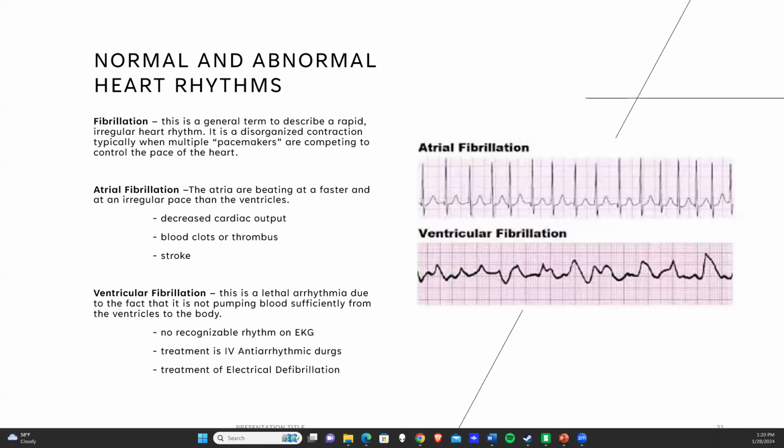That's charge, shock, things of that nature. So you can kind of see that there is a very disorganized, irregular rhythm, that the ventricles are not producing enough pressure or pumping systematically to put blood throughout the body and oxygenate the body more effectively.